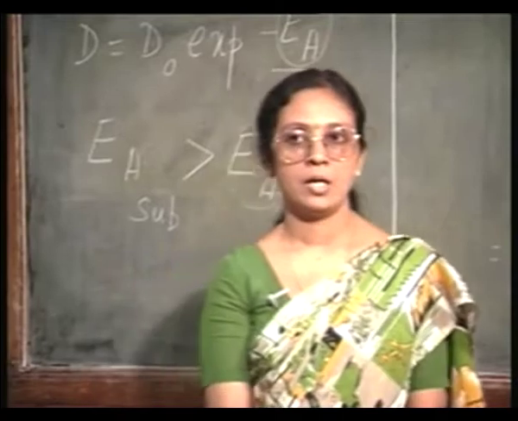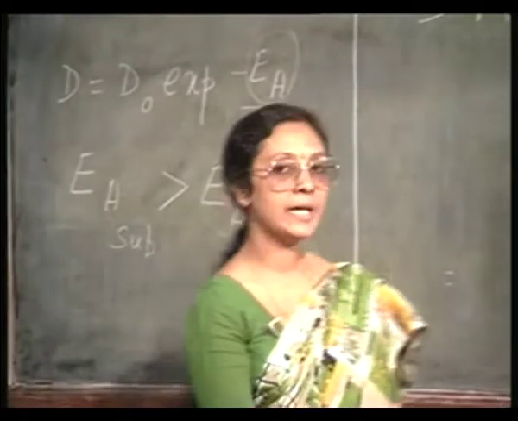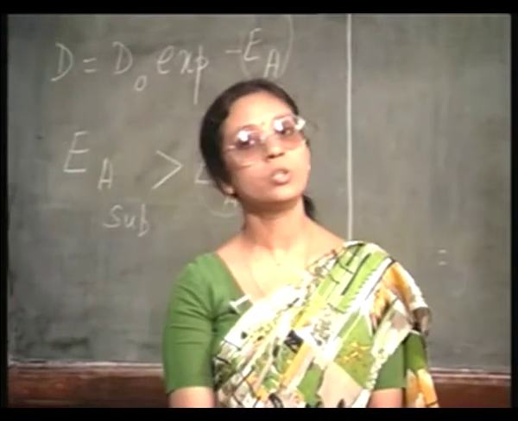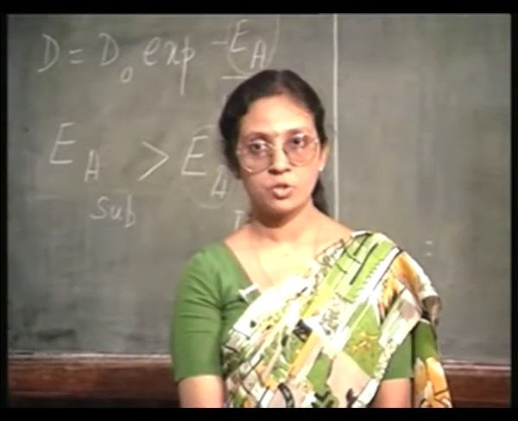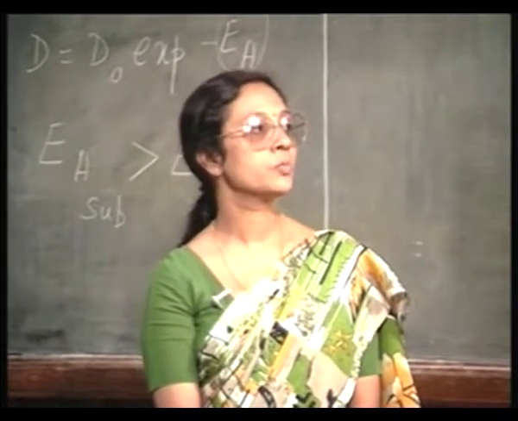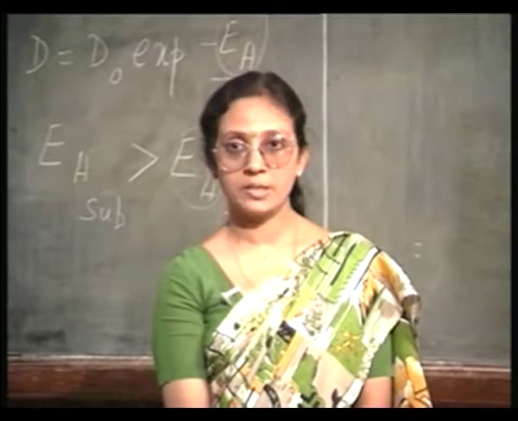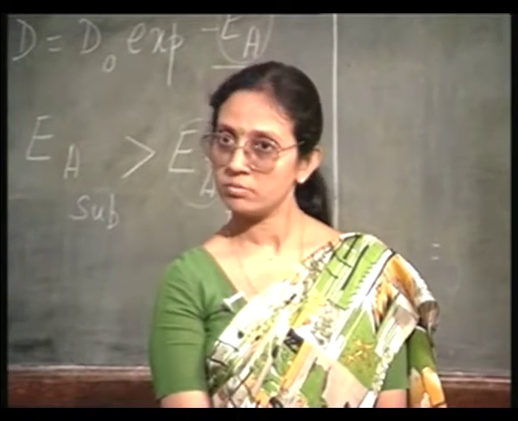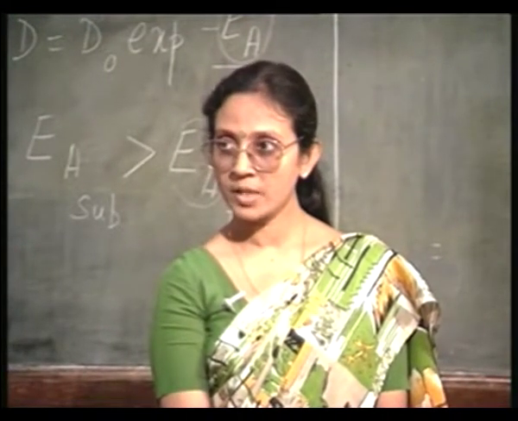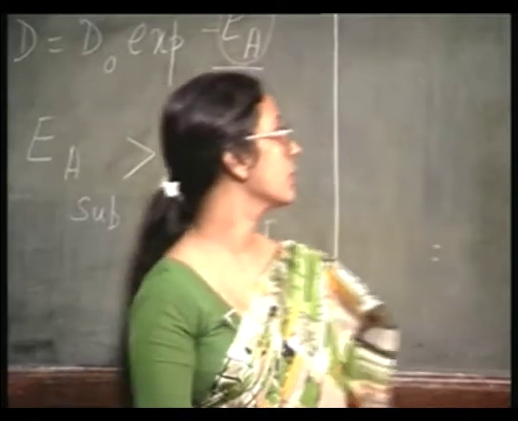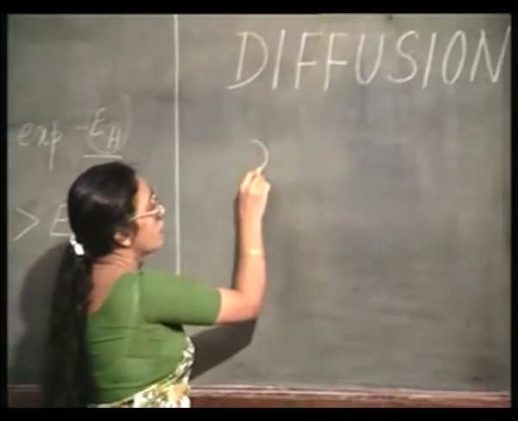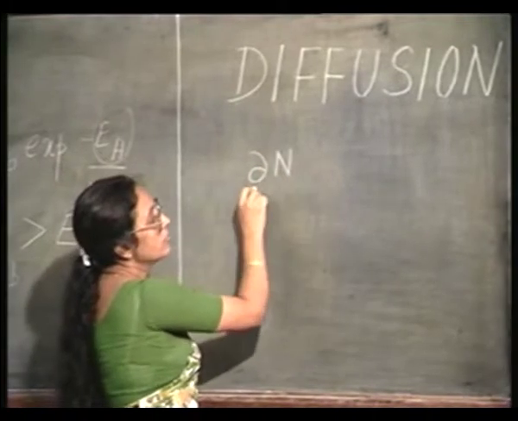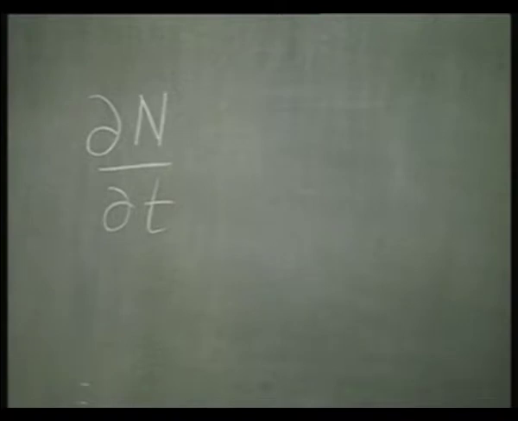Let us see. I have already defined N to be the concentration of the dopant atoms. Okay. So, if dopant atoms are going to be accumulating, then there is going to be a change in this concentration. Yes. So, del N del t is going to give me the rate of change in the dopant atom concentration. This is the rate at which the dopant atom concentration is changing.